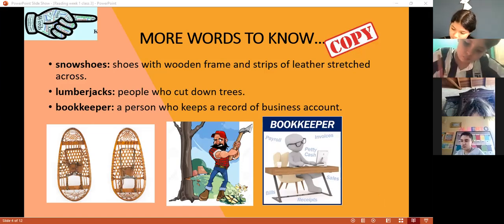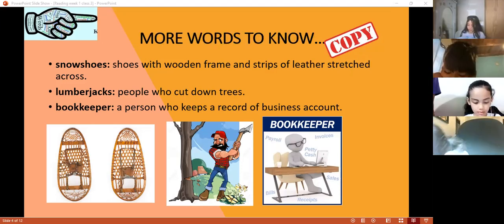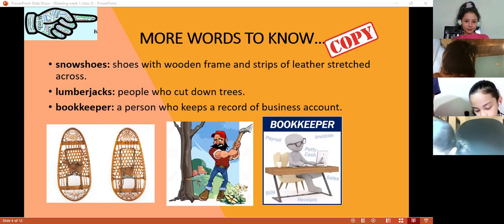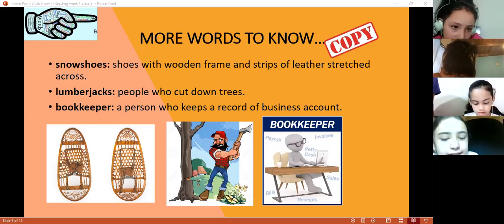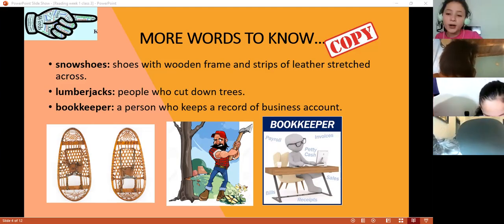Okay, I'm going to take the attendance while you are copying this information. Ana, Andrea, and Camila. Present. Present. Okay. Present. Gabriela, Isabel, and Kiara. Present. Sofía, Mía, and Rebecca. Present. Rosa, Valerie, and Sion.